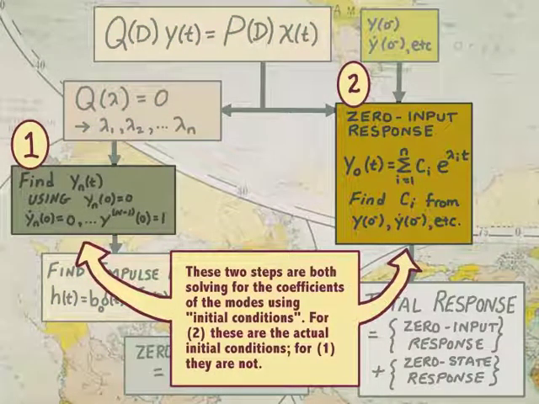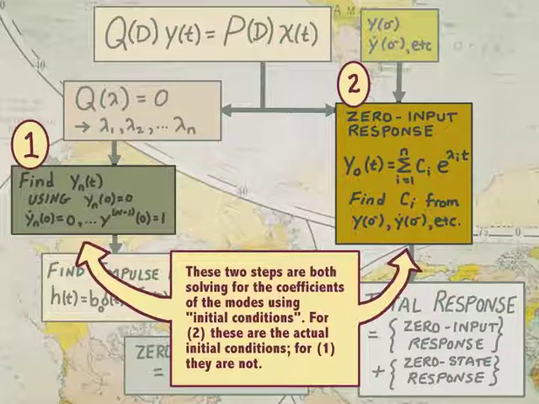One thing that often confuses students is the use of very similar methods on two sides of this diagram. On both sides, we'll find y0 or yn as the sum of the characteristic modes with undetermined coefficients. And then we find these coefficients by satisfying an initial value problem.